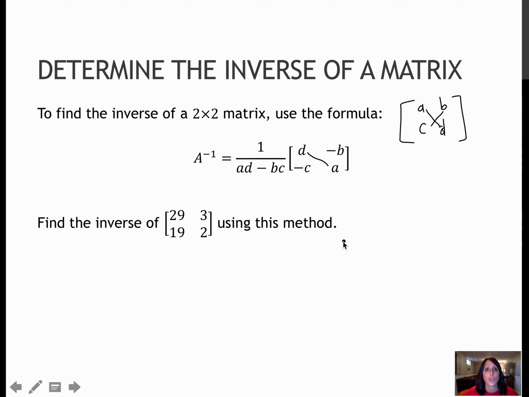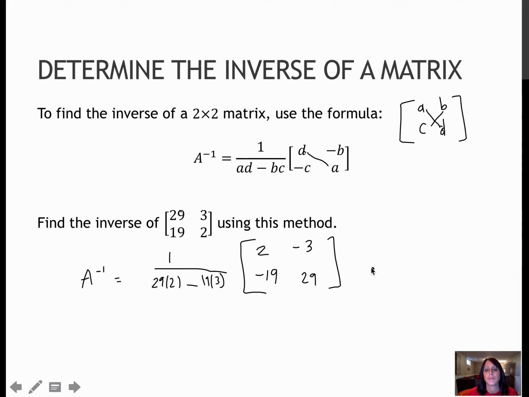So let's find the inverse using that method. I'm going to take A inverse, which is going to be 1 over 29 times 2 minus 19 times 3, multiplied by the matrix. I'm going to take these two and switch positions, 2 and 29. And I'm going to take these two and change signs, so negative 3 and negative 19.